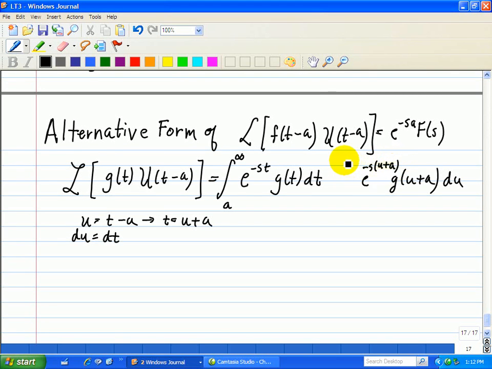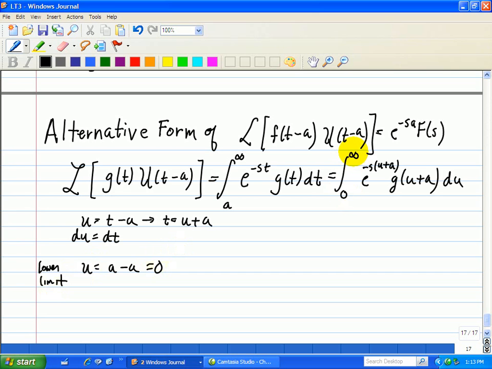We're going to integrate this from a, but since we're doing a change of variables, when you substitute t equals a, u equals a minus a, the lower limit, that's equal to 0. So we're going to integrate from 0 to infinity. So that's our change of variable function.